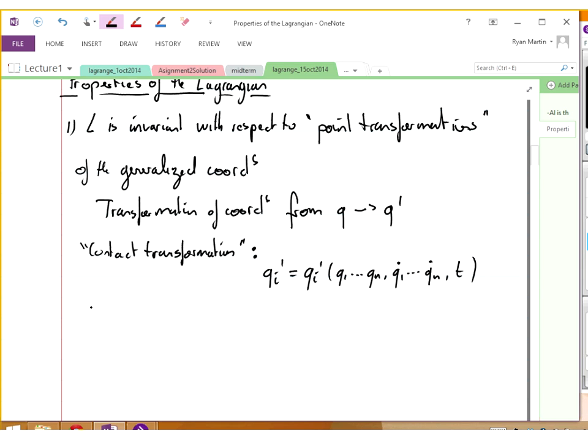Now, a point transformation is a special case when the Qi primed only depends on the Qi and potentially time, but not the velocities.